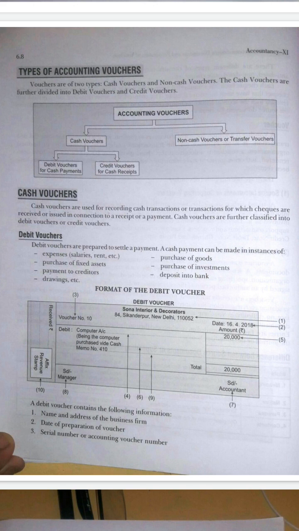Debit voucher: see that name of the company, address. The first one is the name and address of the business firm. The second one is the date of the preparation of the voucher. The third one is the serial number or voucher number.